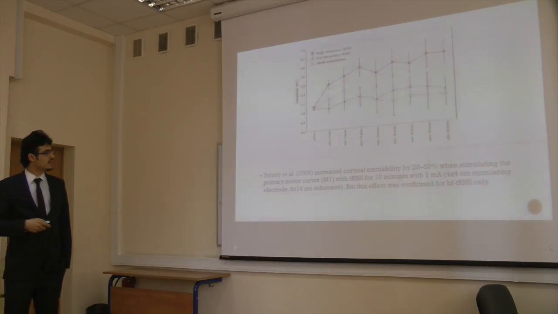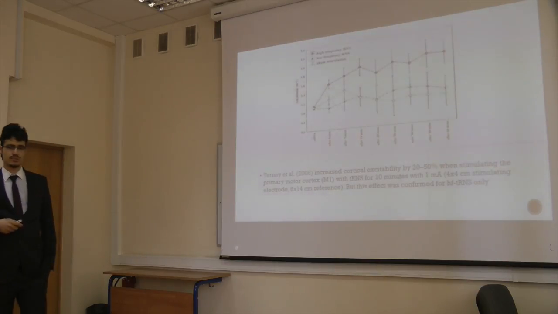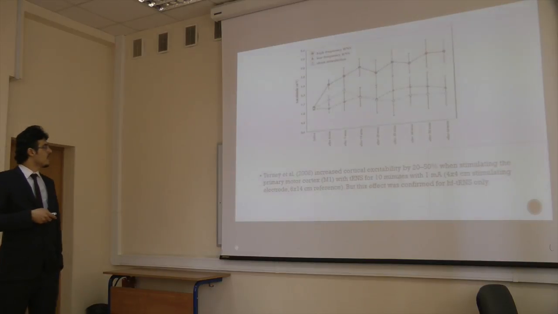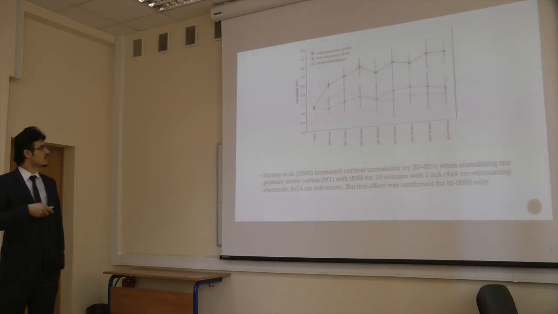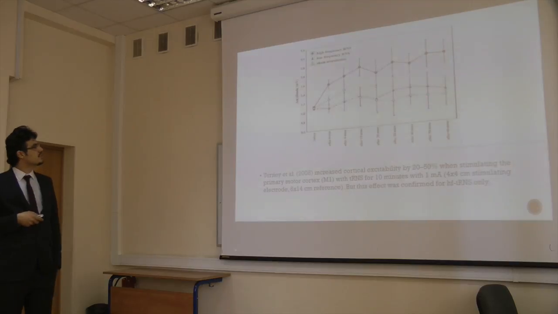Okay, here we see the results of Terney et al. This was the first paper on TRNS, and it helped a lot to understand what TRNS actually is. So here we see the cortical excitability for high frequency TRNS, here we see the low frequency, and here we see the sham stimulation.